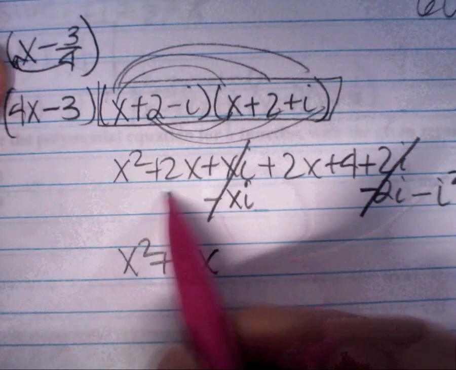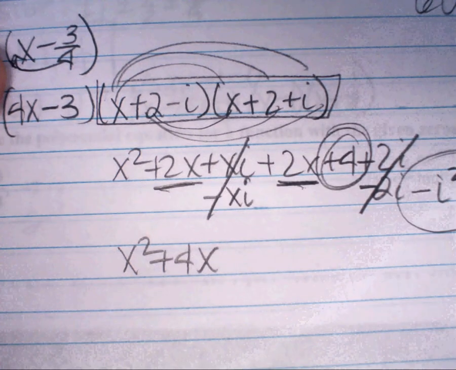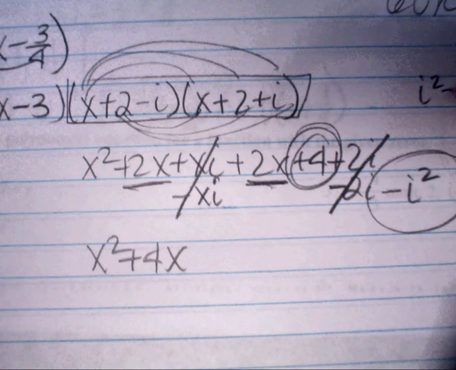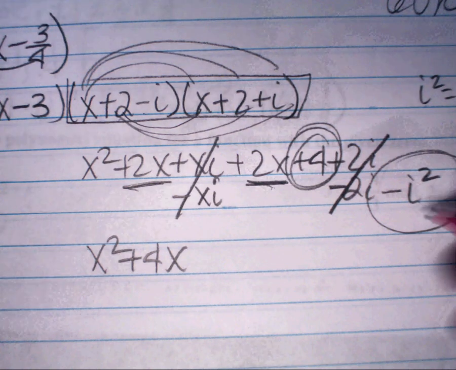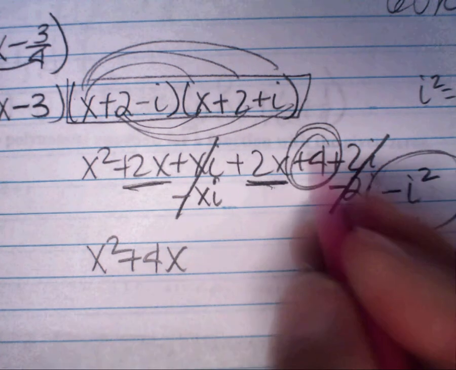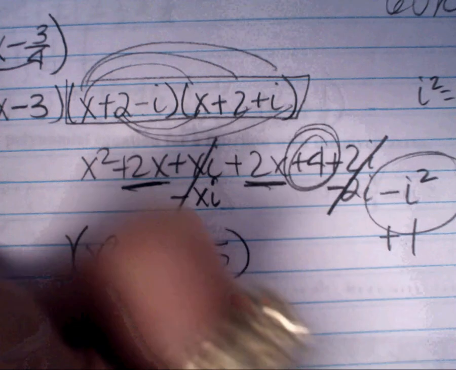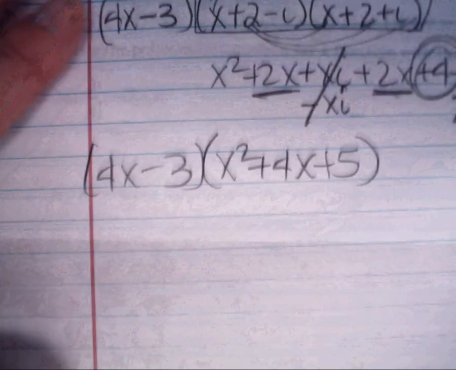Okay, that's that one and that one. Then we have a plus 4 and a negative i squared. Well, i squared is negative 1. So if it's already a negative i squared, it's going to turn into a positive 1. So 4 plus 1 is 5. Okay, and then from there, I would multiply that out. So almost done.